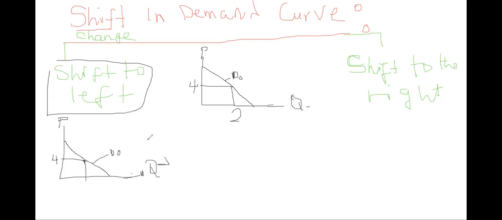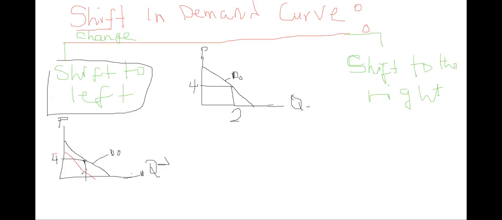So a shift of demand curve to the left means that, from the original D0, we will have something like this. It shifts here, but the price remains constant. We are still at price 4. It just means that you have a new demand curve and it shifts to the left.